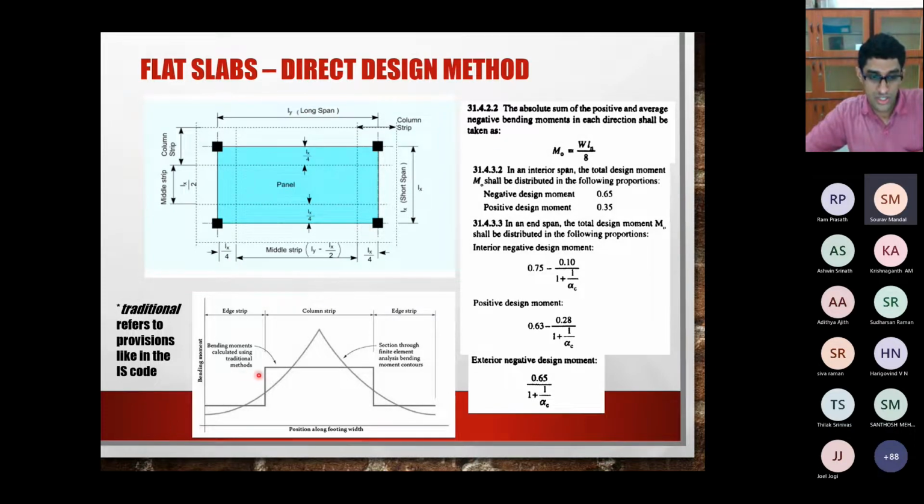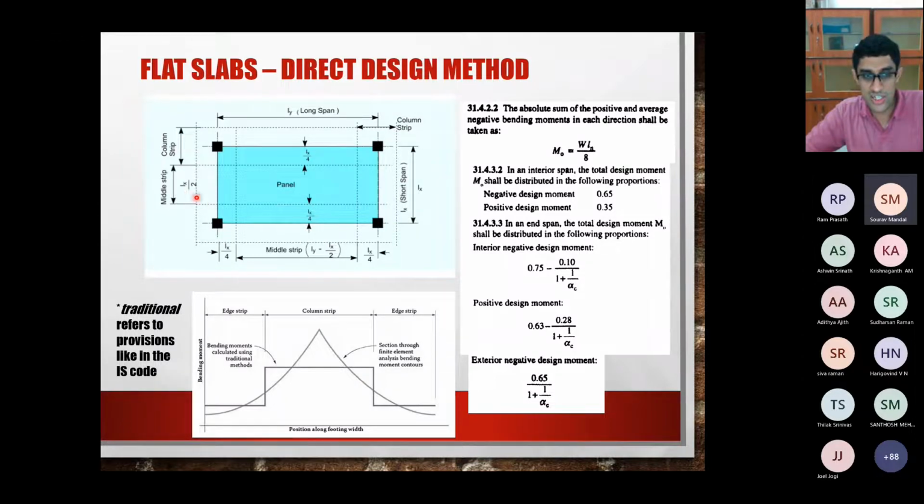Here you have two bending moment distributions. If you do an exact analysis through, say, finite element analysis, or even to an extent moment distribution, if you do a proper analysis, you will get this as your bending moment diagram from this edge to this edge.